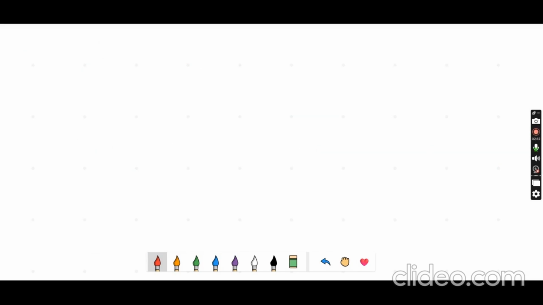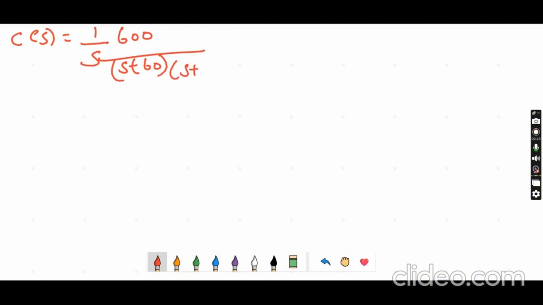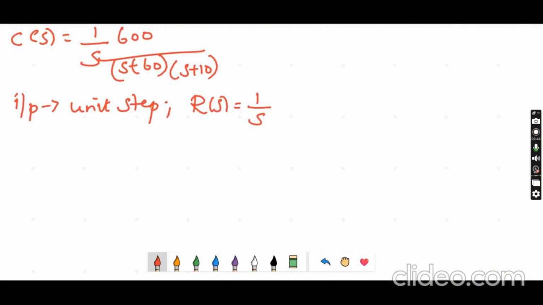So we have so far got what C(s) is. This is nothing but 1 by s times 600 divided by (s plus 60)(s plus 10). The given information in the question is that the input is a unit step, so R(s) is 1 by s, the Laplace transform of 1.